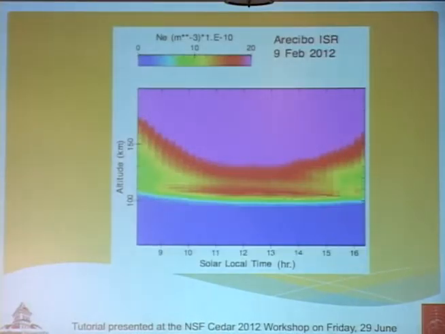Here's the kind of takeaway in this particular problem. This is Arecibo on the 9th of February this year. They run a high resolution mode. This dark red, a mauve color, is a saturation, simply because of my color scale. I want to emphasize the E region. This is solar local time from dawn to dusk.